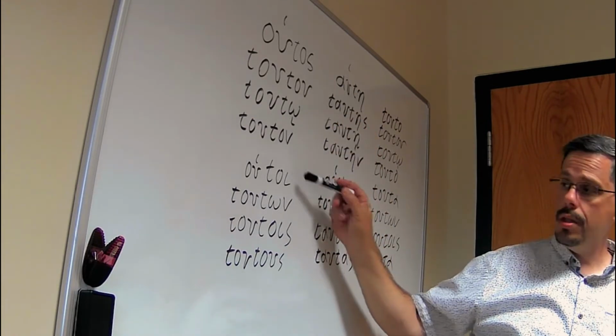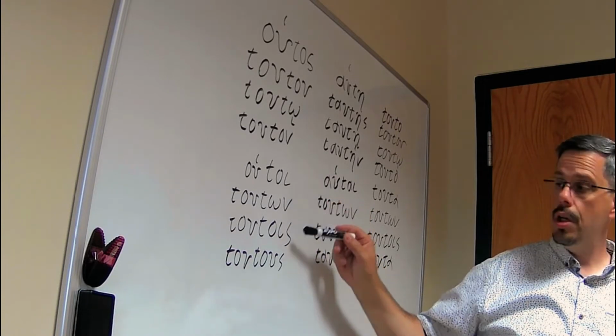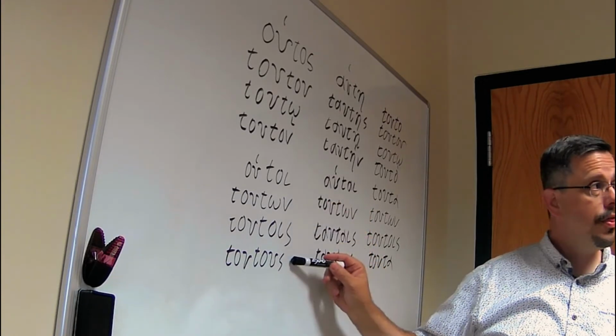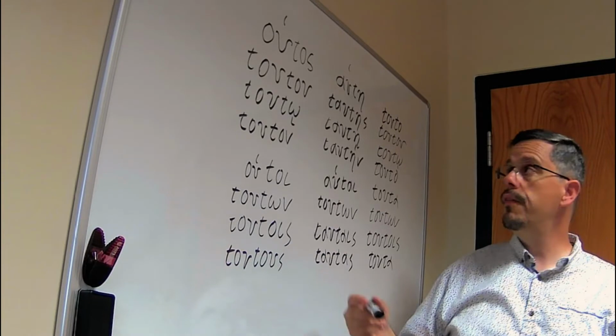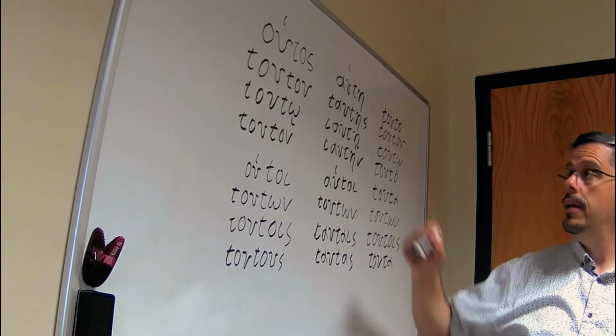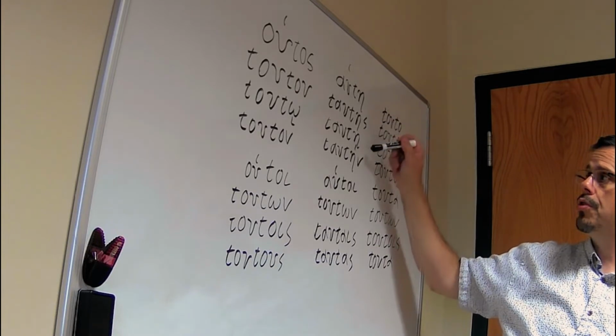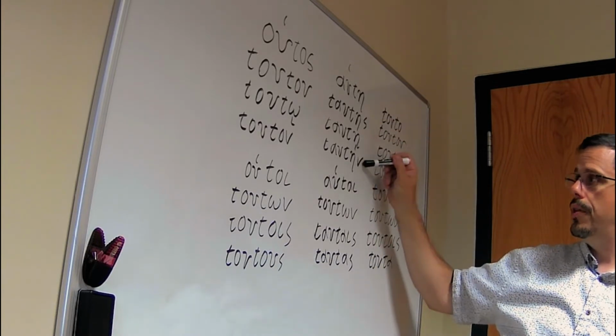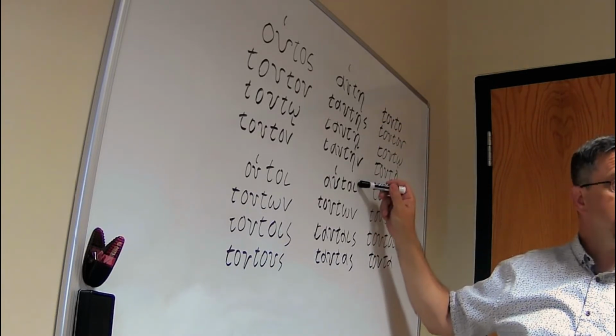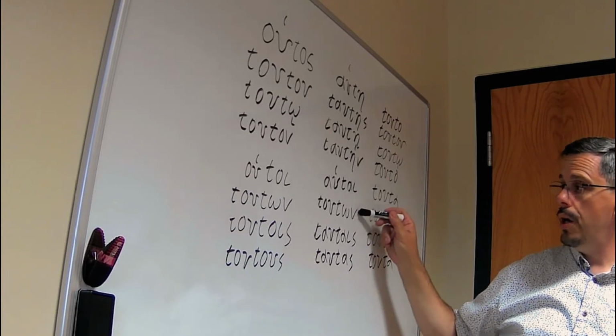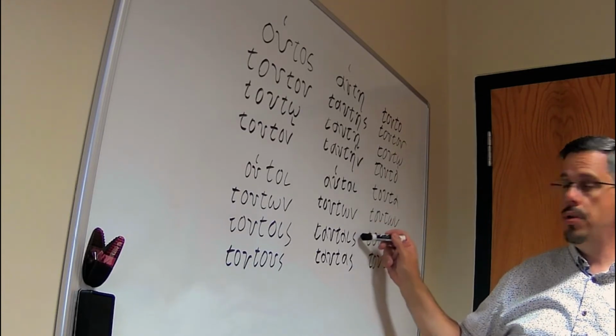These words, of these words, to these words, these words. Okay? If we use scripture, graphe, it would be this scripture, of this scripture, to this scripture, this scripture. These scriptures, of these scriptures, to these scriptures, these scriptures.